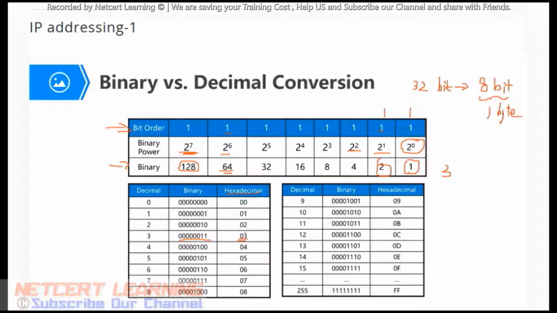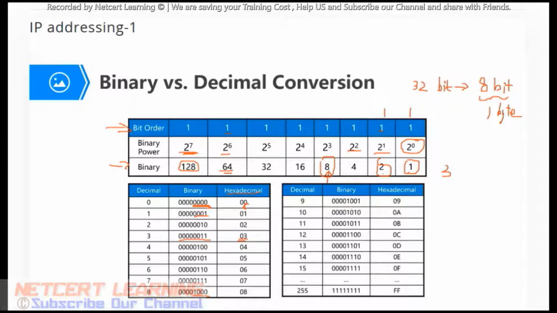And in hexadecimal, 1 character represents 4 bits. From 1 to 8, 1 0 0 0 means 8, and all the others are 0, so it's just 8.